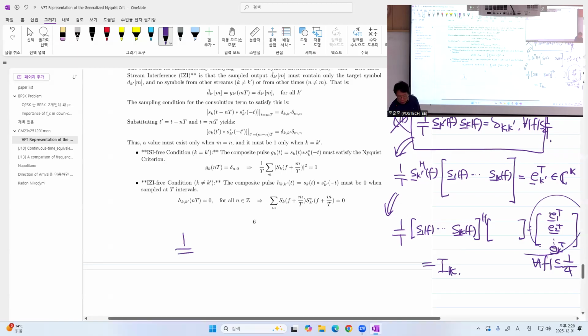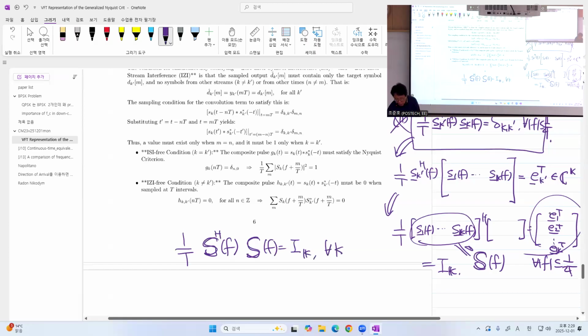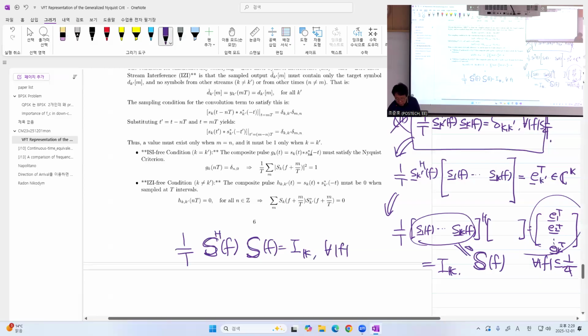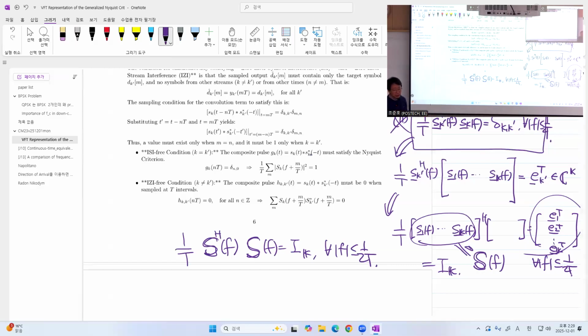So eventually we have what? If we name this matrix capital S of f, we have the generalized Nyquist criterion, actually the generalized square root Nyquist criterion, if I want to be precise, like this.